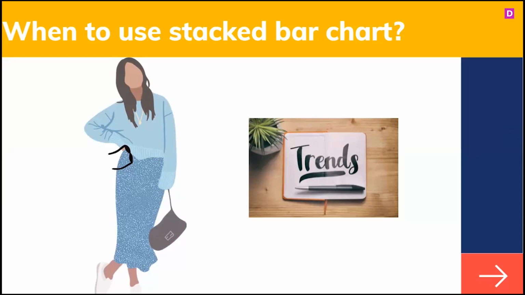Say, for example, you are running a boutique. Whenever you are in fashion businesses, you want to identify the trends more accurately so that you can stick to a product.